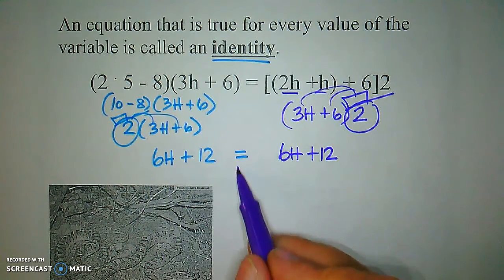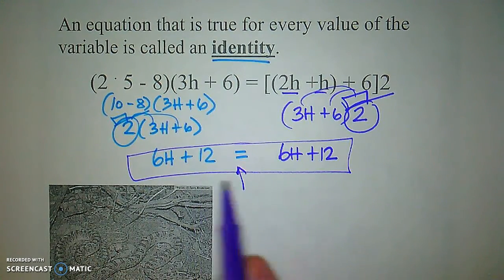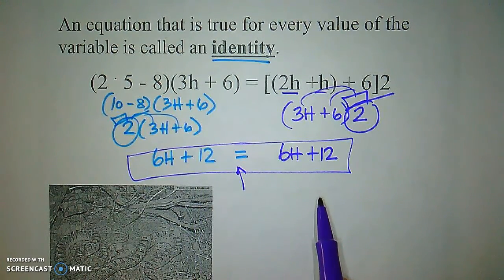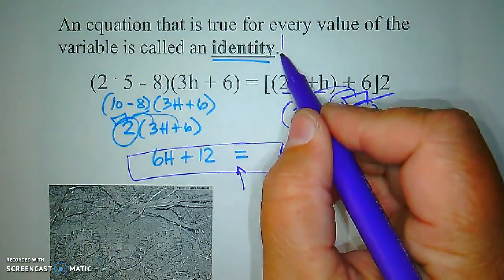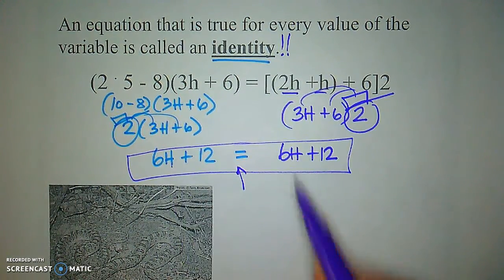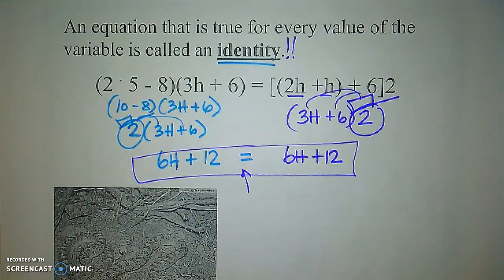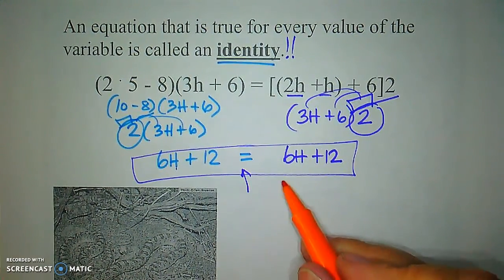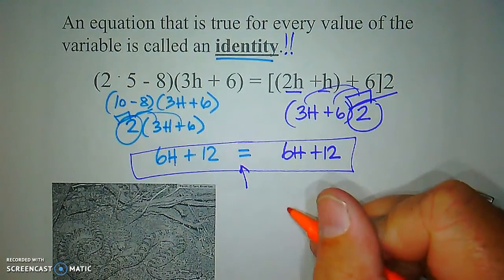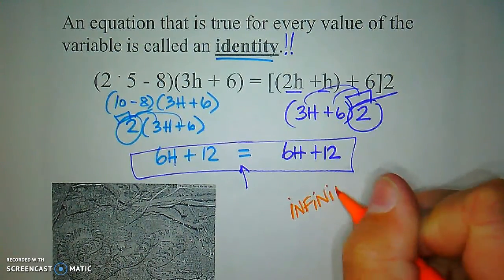It is definitely equal. When you get something that is exactly the same on both sides, that's known as the identity. That means you can put any number, any value in for h, and it will always work. So when you get something that's exactly the same on both sides, there are infinite solutions.